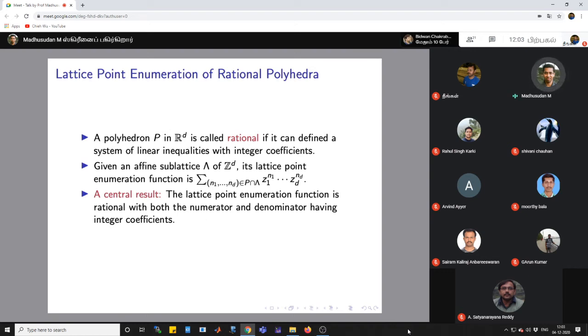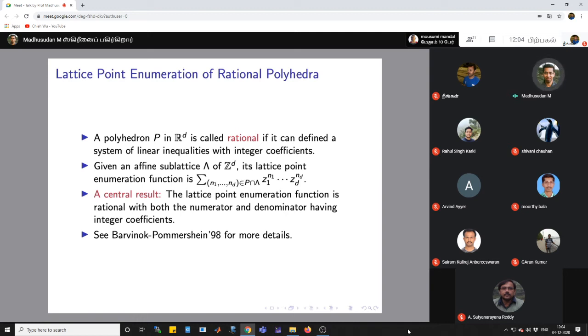There is some fine print in this business which I will not get to in this talk, which is that some of these enumeration functions may not converge anywhere, but they can all be handled very neatly. I refer to this survey by Barvinok and Pommersheim. In fact, Barvinok also has a book on this, so I'd refer you to that, where all this is dealt with in detail.